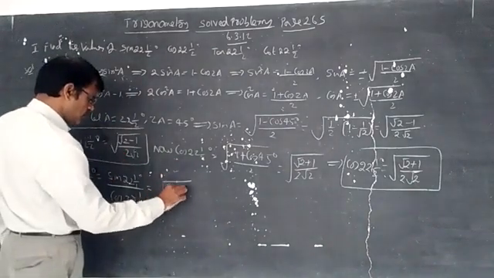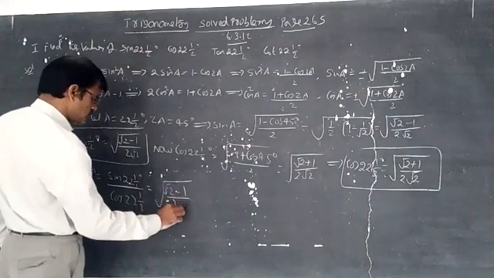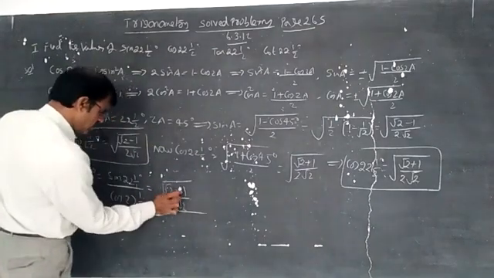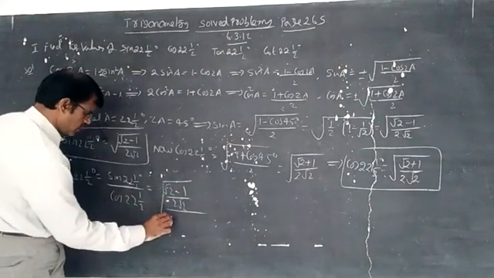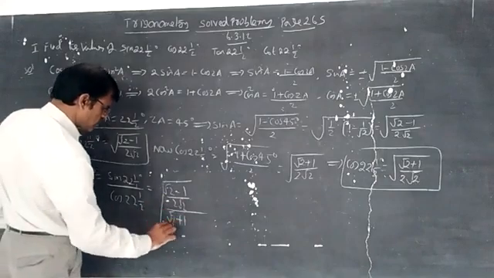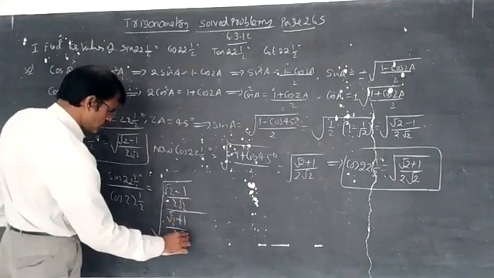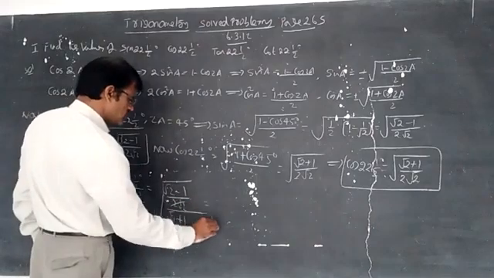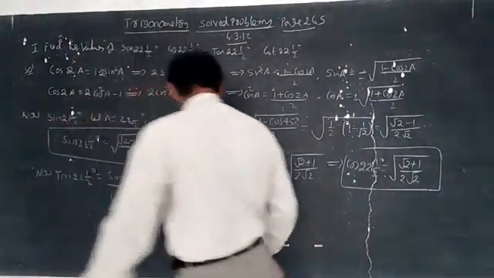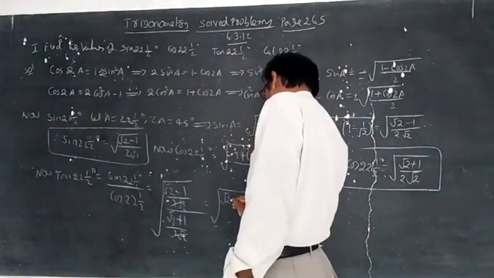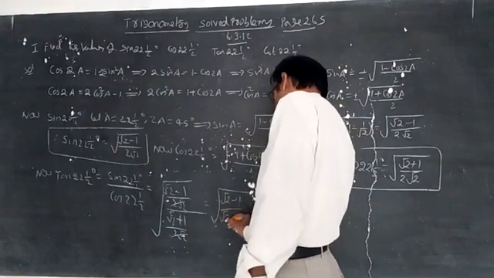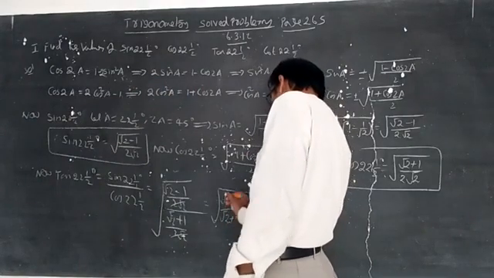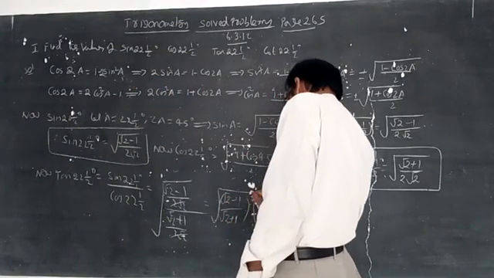The 2s get cancelled. So it is the square root of (root 2 minus 1) by (root 2 plus 1).